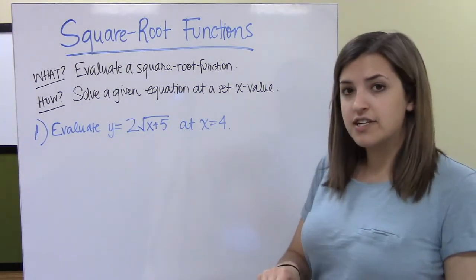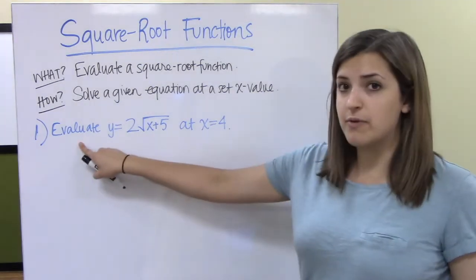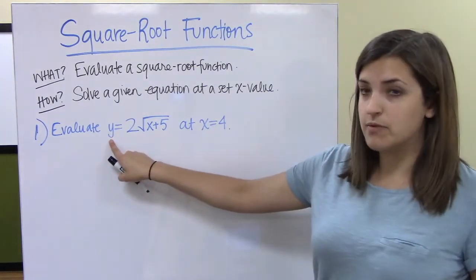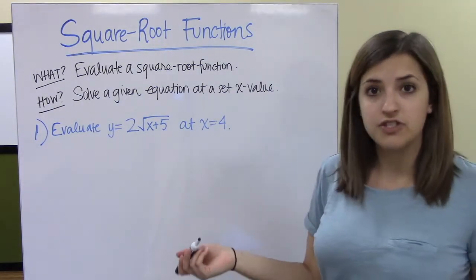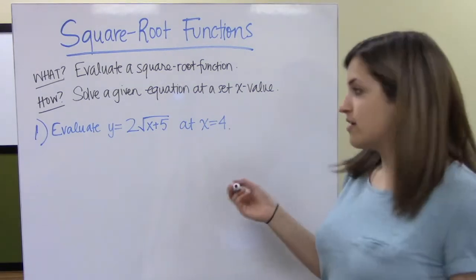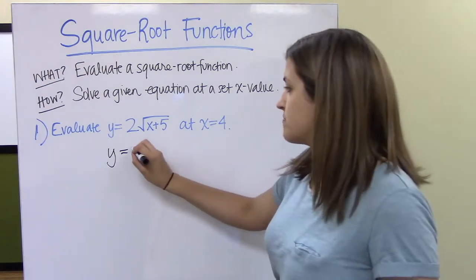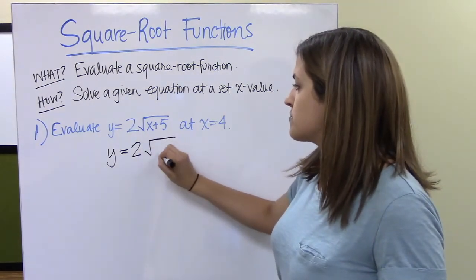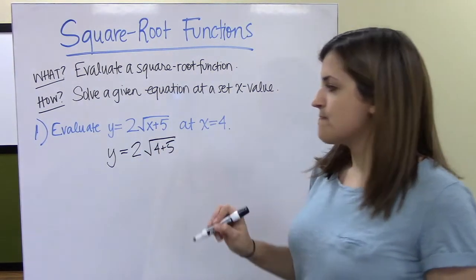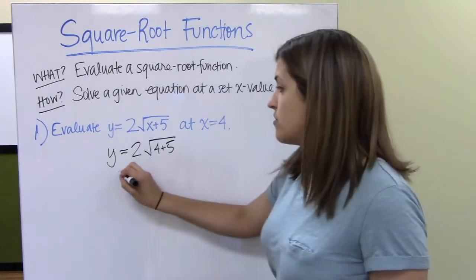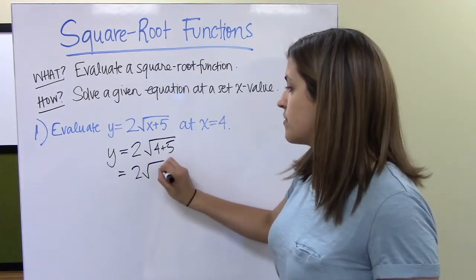If it tells us evaluate, we're trying to find the y term when x equals 4. So all we have to do here is plug in x equals 4. Let's rewrite this, but instead of x, we're going to plug in 4. So y equals 2 times the square root of 4 plus 5. Well, 4 plus 5 is 9, so this equals 2 times the square root of 9.